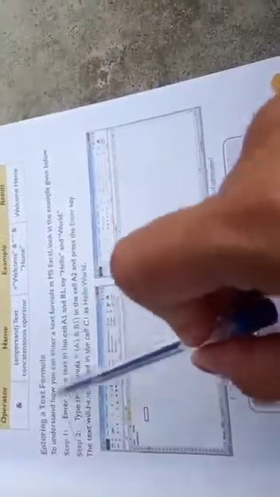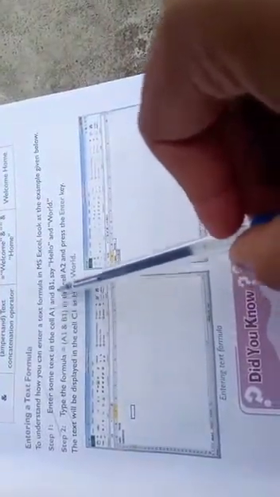Now, entering the text formula. If you want to enter any text formula, enter some text in the cells A1 and B1. In A1 and B1 we have written hello and world, and in the cell we write the formula equals to A1 ampersand B1.